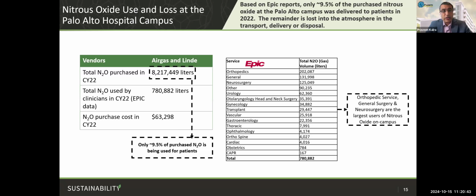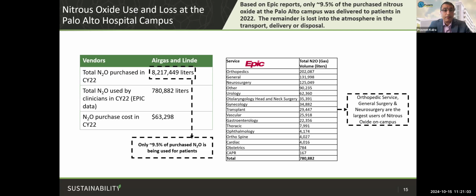So we collected the purchase data. Airgas and Linde are the two vendors that provide nitrous oxide. Nitrous oxide is delivered in pounds, and pounds are converted into volumes. The way to convert weight into volume is that 1 pound of nitrous oxide equates to around 247 liters.